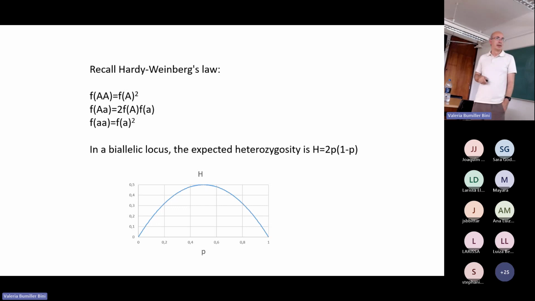If you use your high school calculus, you will find that this function has a maximum at p equals 0.5. So maximum heterozygosity, maximum diversity at 50-50 allele frequencies, and everything goes down from there.